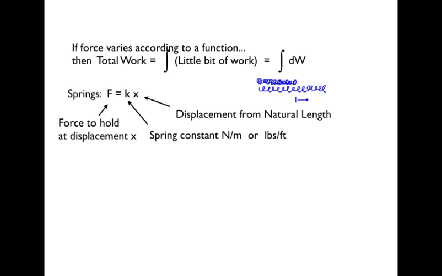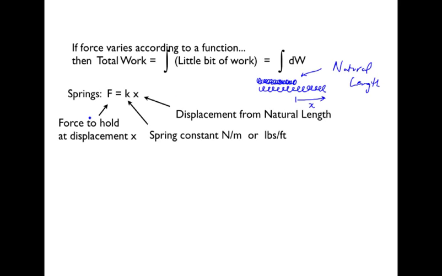This is X. All right, it's displacement from the natural length. It's not the new total length of the spring. It's how much you stretched it from its natural length. That's what X is. Okay, so this formula relates how far you've displaced it from its natural length to the force to hold it there.